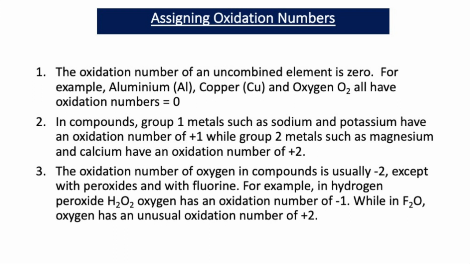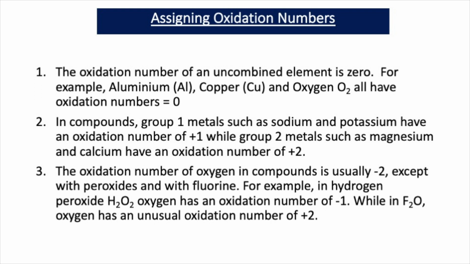Now the next rule that we have to remember is that the oxidation number of oxygen in compounds is usually -2. You should be familiar with the O2- ion. Now the exception to this is with peroxides and when the oxygen is bonded to fluorine.